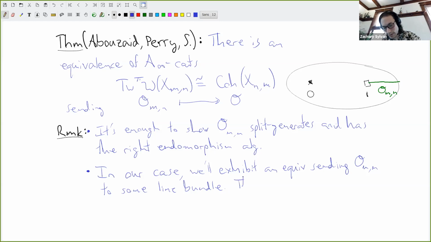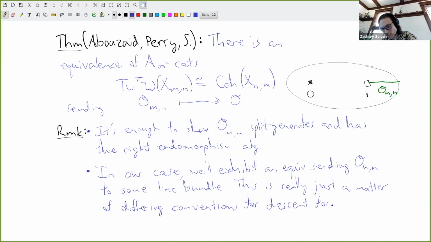So this is really just a matter of differing conventions for descent formulas on the A and B sides.